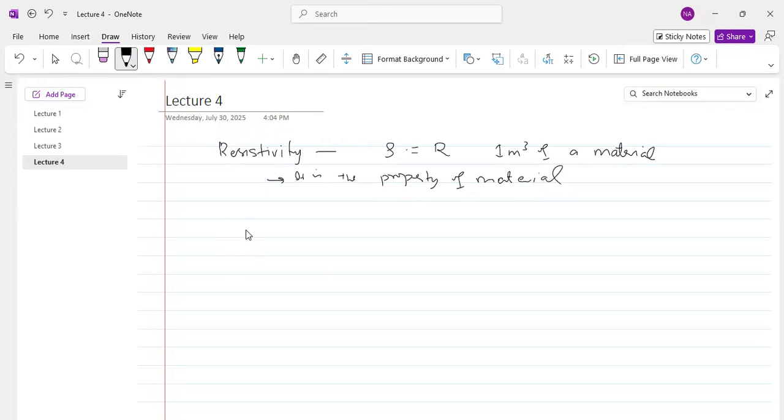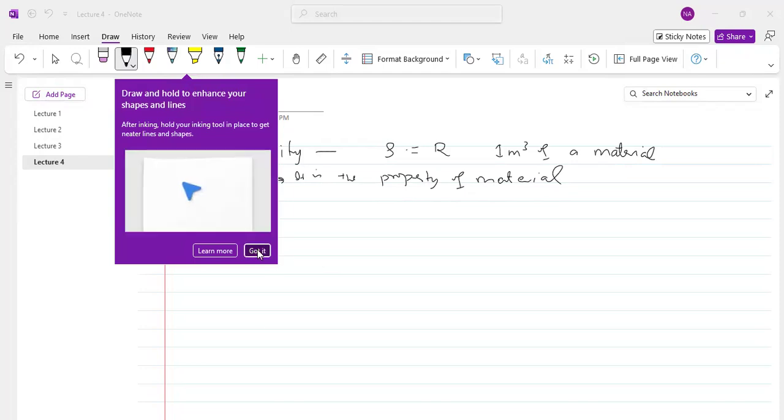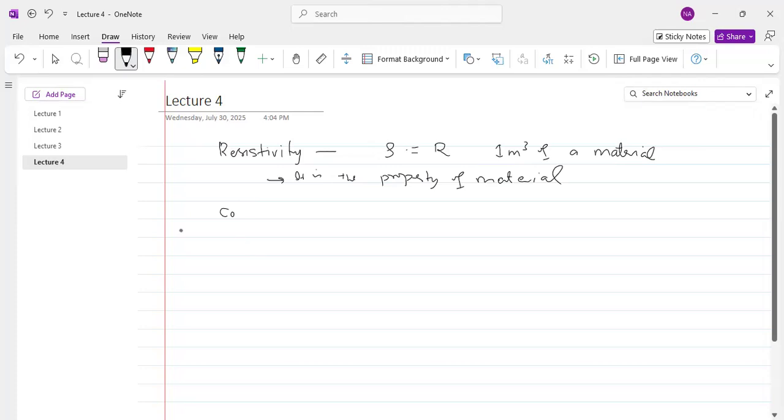Now, last day, one or two terms we have to define. First term is conductance. Conductance is a reciprocal of resistance.